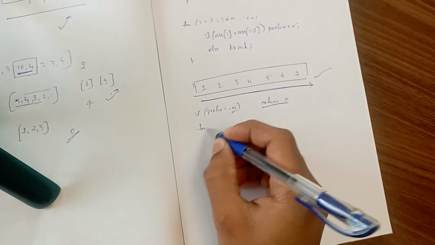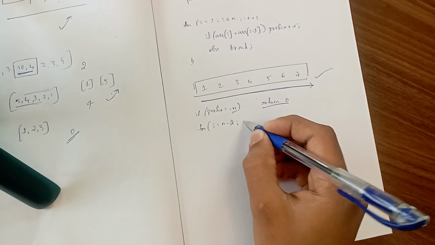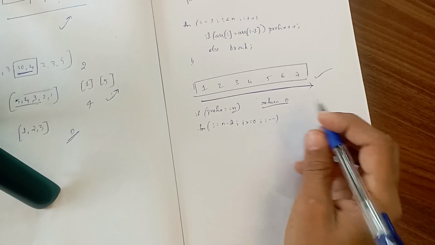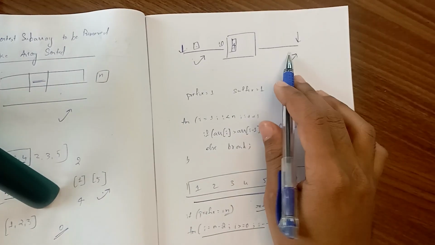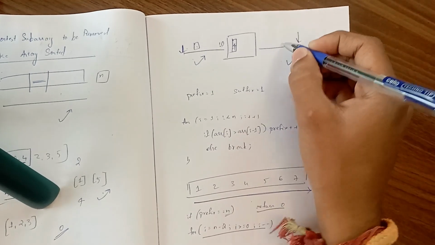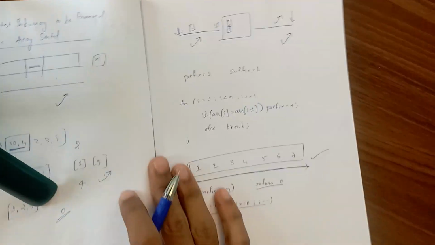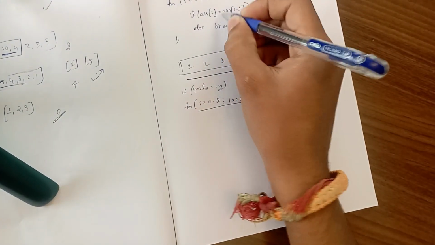Else, for i equal to n minus 2, i greater than or equal to 0, i minus minus. So we need to find our suffix from the end, the suffix array which is non-decreasing.